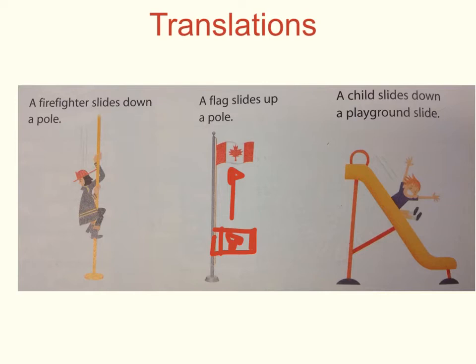A child going down a slide starts in the same position and hopefully ends in the same position, and doesn't end with their feet kind of all twisted and their body and their head at the bottom, right? That would be kind of silly. So a translation is a slide, and what's important to remember is that you start and finish in the same position when you slide.